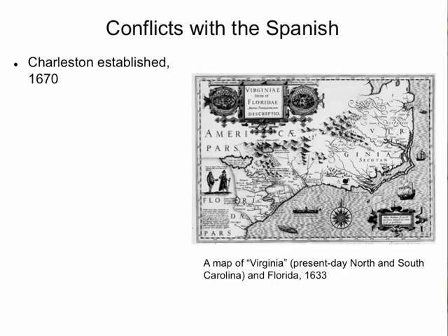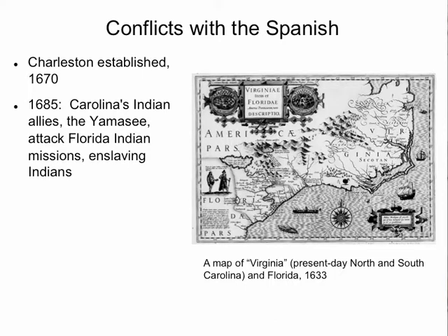Well, you better believe, though, that the Spanish were not going to take it lightly that the English settlers were attacking their Indian missions, which is what the Carolina settlers wound up doing. Soon after Charleston, the capital of Carolina, was established in 1670, the Carolina settlers began targeting the residents of those Spanish Catholic missions, the peaceful Christian Indians from the Spanish missions in Florida.